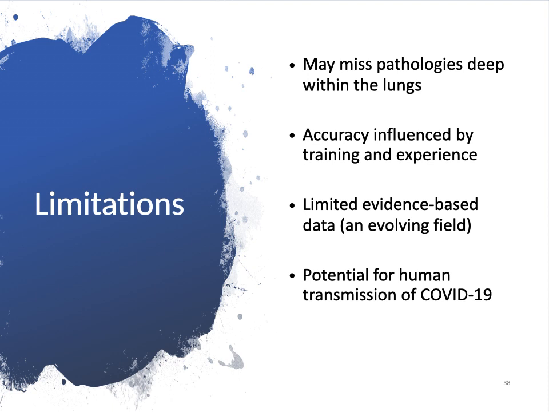The third limitation is that we don't have enough robust data yet, because this is a new and evolving field in acute care imaging. And of course, especially in COVID, we have to be very mindful and careful about the potential for human transmission of patients with COVID if we don't clearly and thoroughly clean our machines and make sure that we are dedicating one machine, if possible, to our COVID zone.